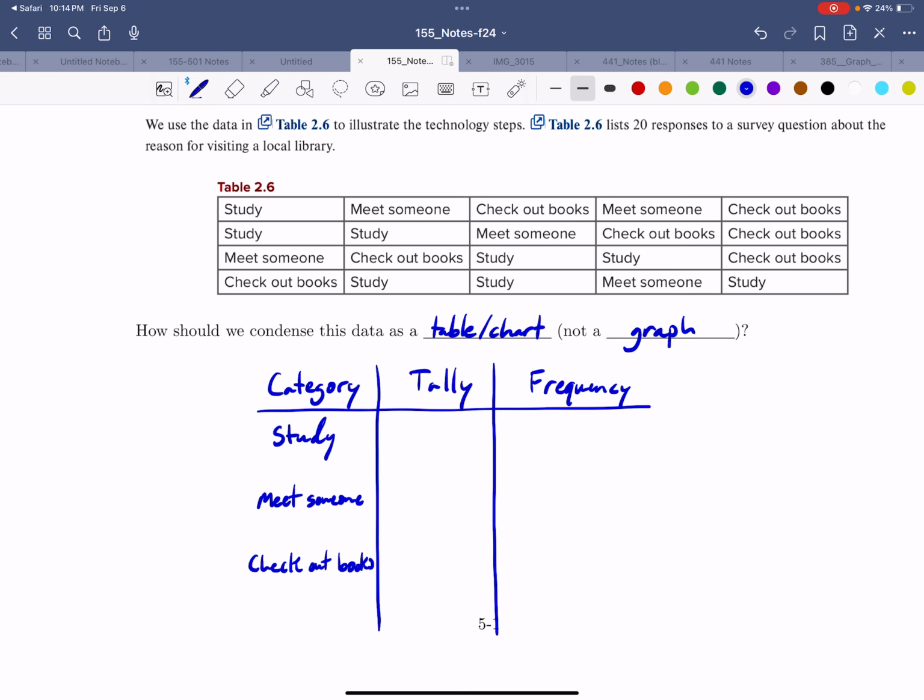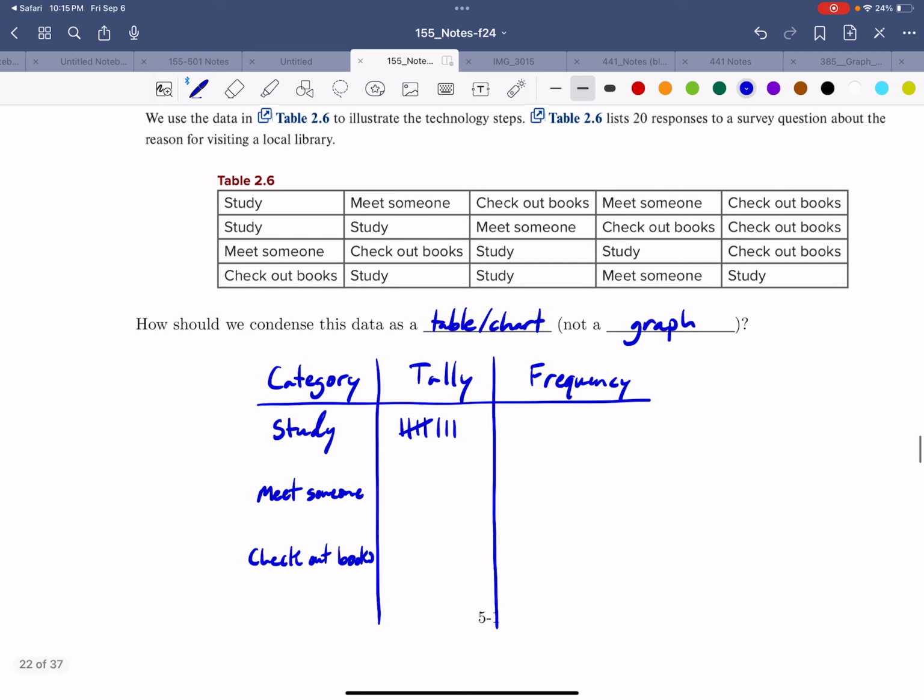All right, now studying. I'm going to tally every time I see studying. I see it 1, 2, 3, 4, 5, 6, 7, 8 times. Meeting someone, I see 1, 2, 3, 4, 5, 6 times.